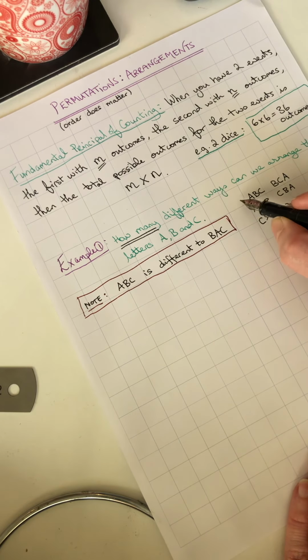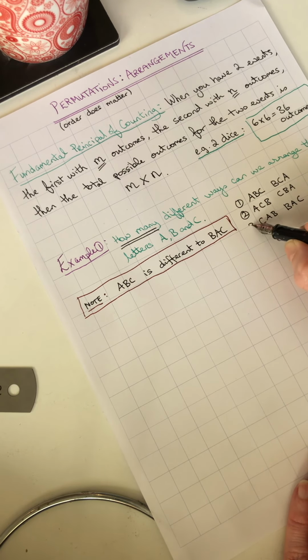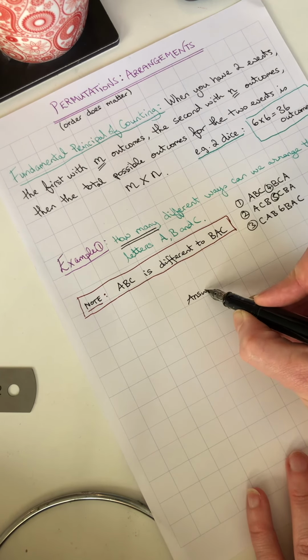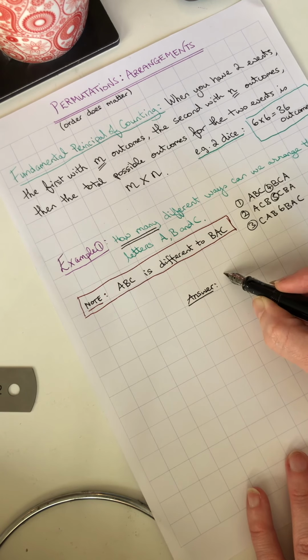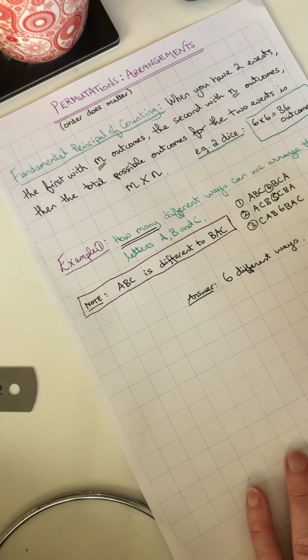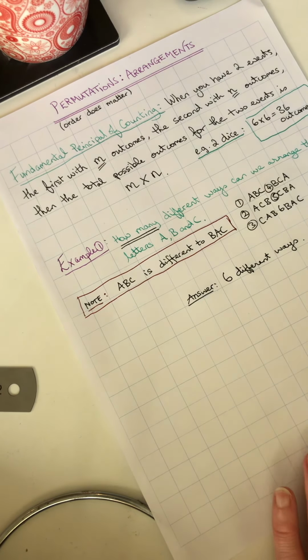Anyway, if we count them up, there's 1, 2, 3, 4, 5, 6. So the answer that we're actually looking for here is that there are 6 different ways or 6 different permutations of the letters A, B, and C.